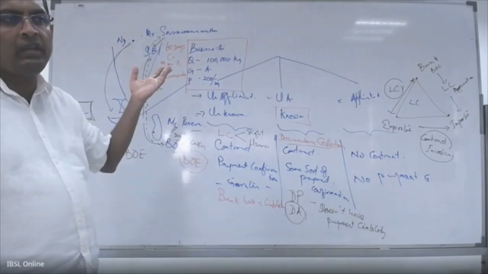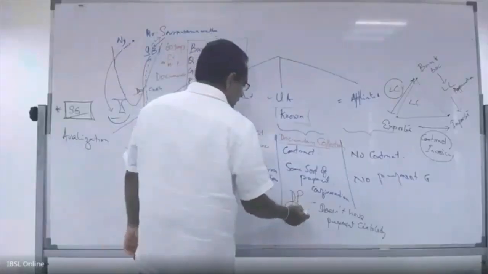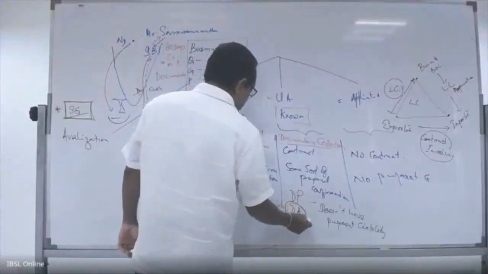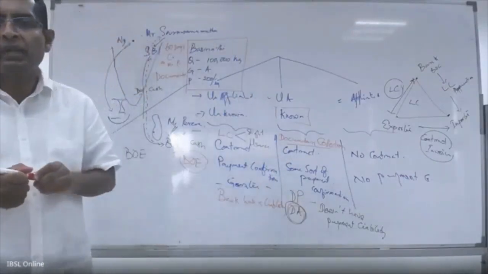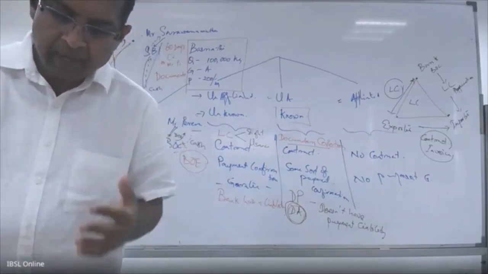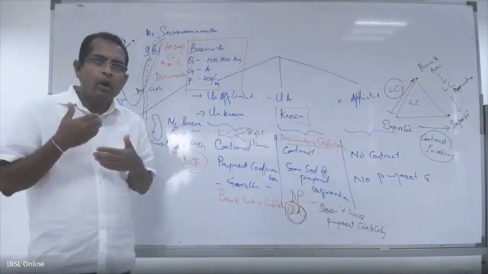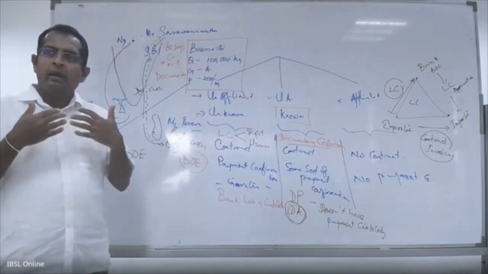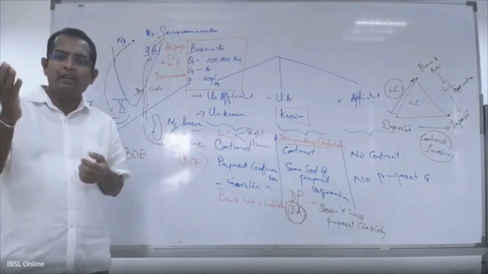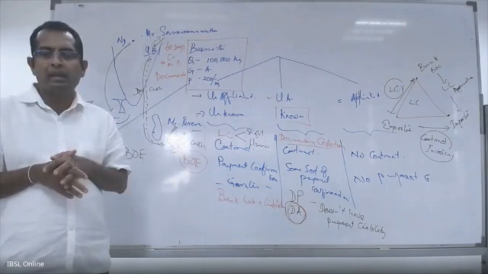However, though we don't have a payment or monetary liability here, we have a reputational risk. If all our documents are not being paid, the foreign bank can always say, it is a useless bank, don't send documents.